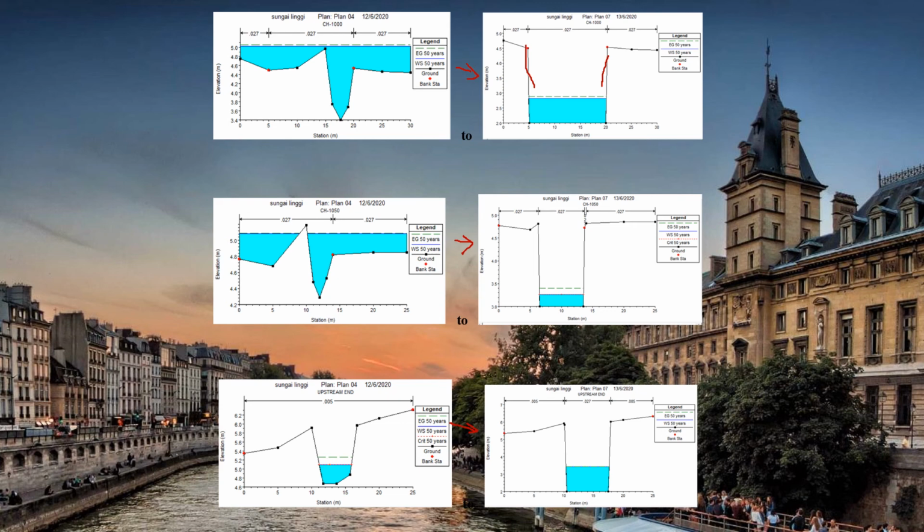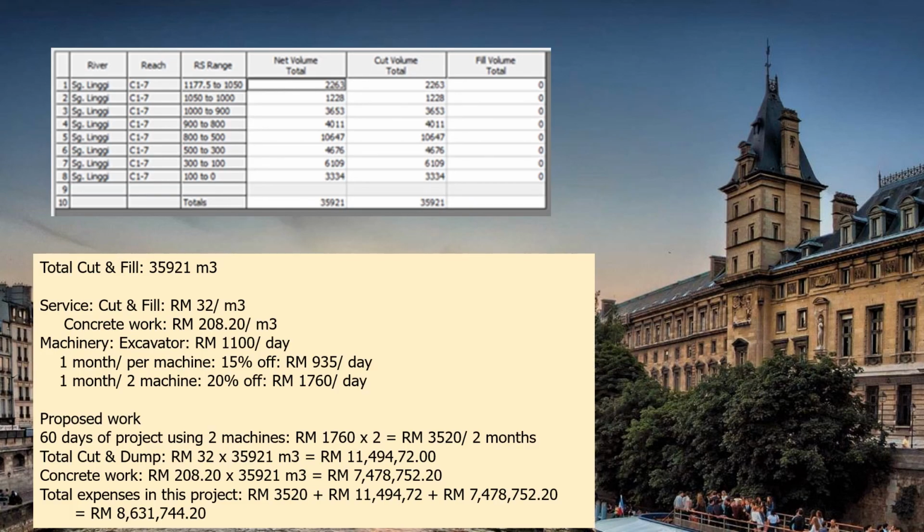And I estimate that the drainage will last more than 50 years if the flash flood is not improved. As you can see, for the net volume total, this is the cut volume.